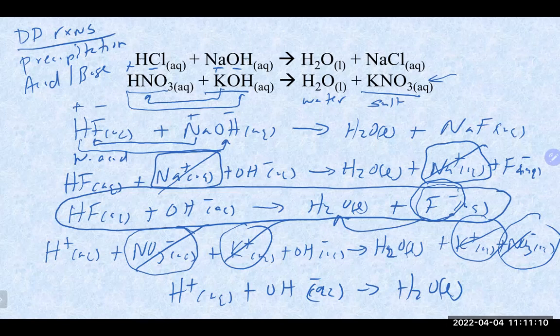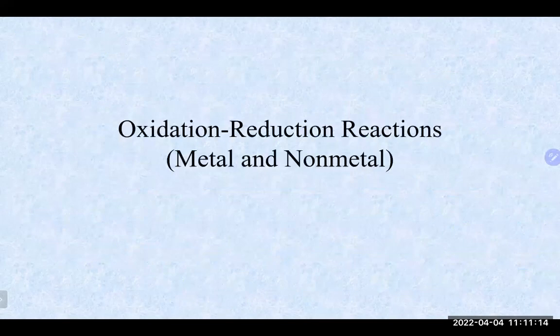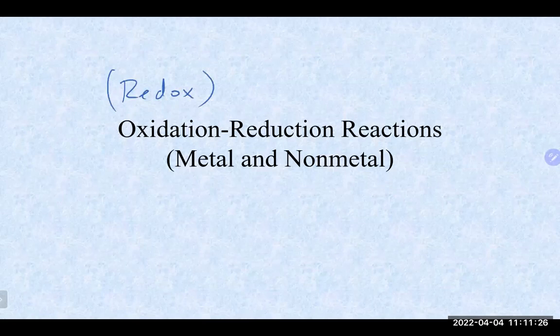Other questions? All right, then let us talk about the next big classification of reactions, which is redox reactions. These are oxidation reduction reactions, sometimes just called redox reactions. These things always occur together, which is a really good thing to keep in mind.